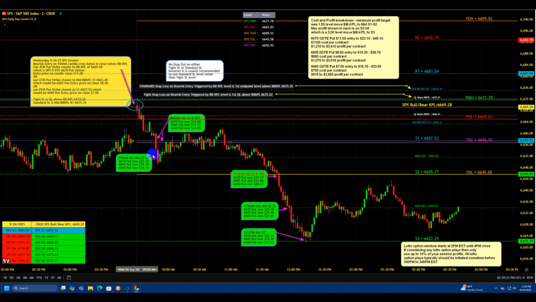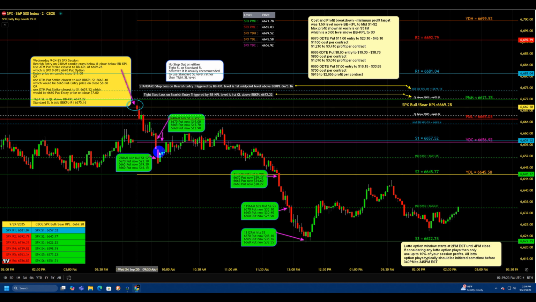Or in the alternative, making an adjustment to your stop loss at this point to see if price will continue down further in your favor, because this is a bearish play.